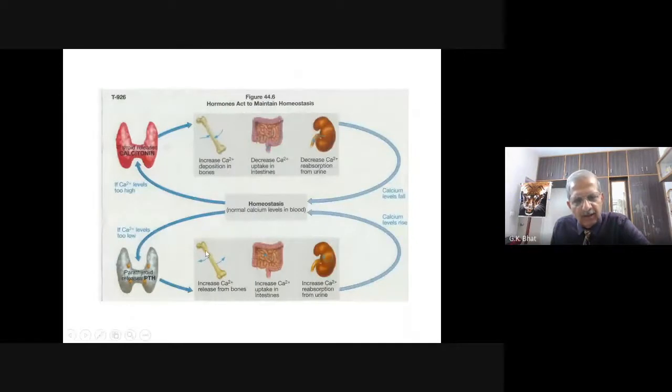So it makes the calcium release from the bone take place. It increases calcium uptake in the digestive system, in intestine. It increases calcium reabsorption from the urine. All these bring up the calcium level. Calcium will rise and come to the normal level.